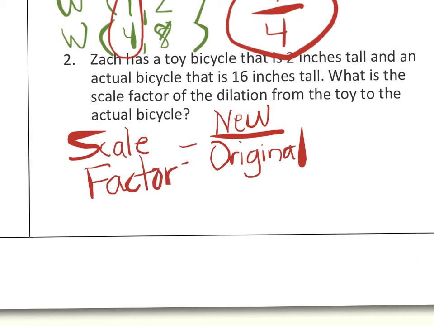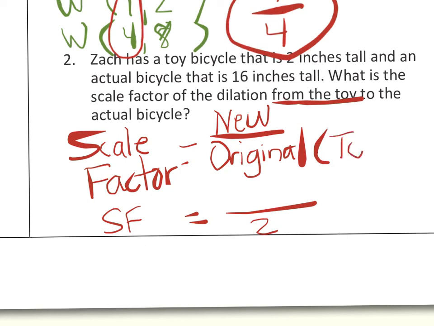Well, because it says from the toy, I know that the toy is the original. And the toy was 2 inches tall. So that's going to go in place of the original. And then the actual bike was 16 inches tall.